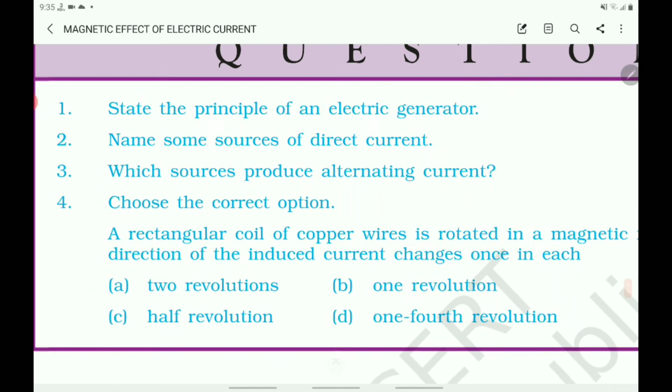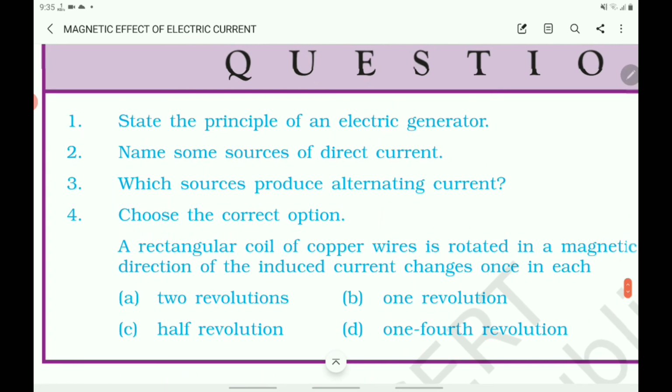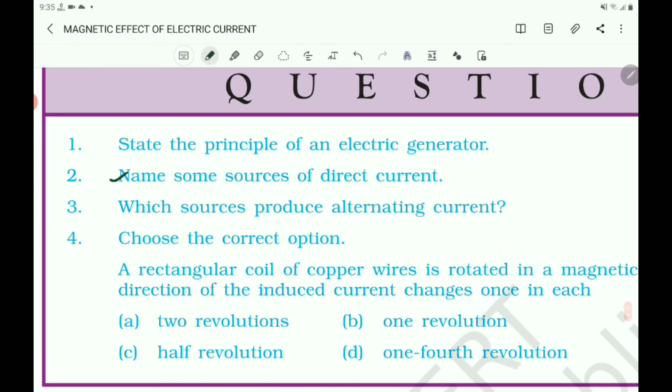And the second question. What is the second question? Name some sources of direct current. Some of the sources of direct current are dry cells, button cells, lead accumulators, etc. Third question, which sources produce alternating current?